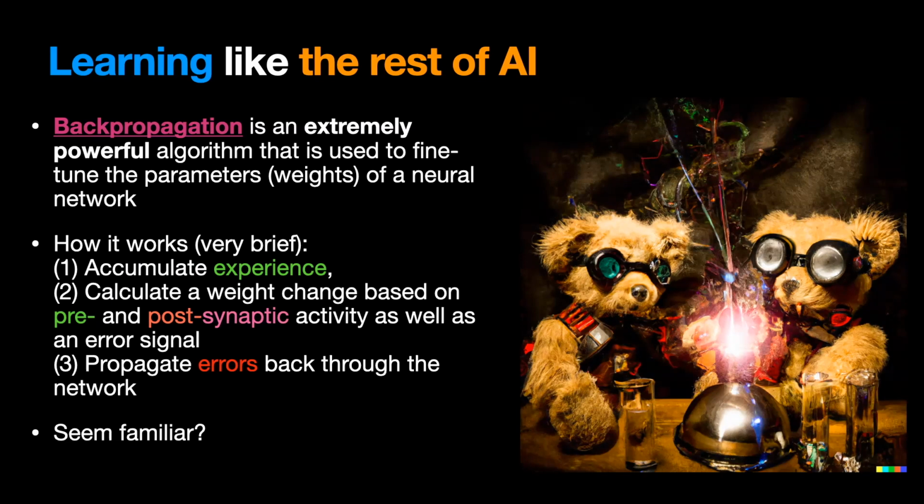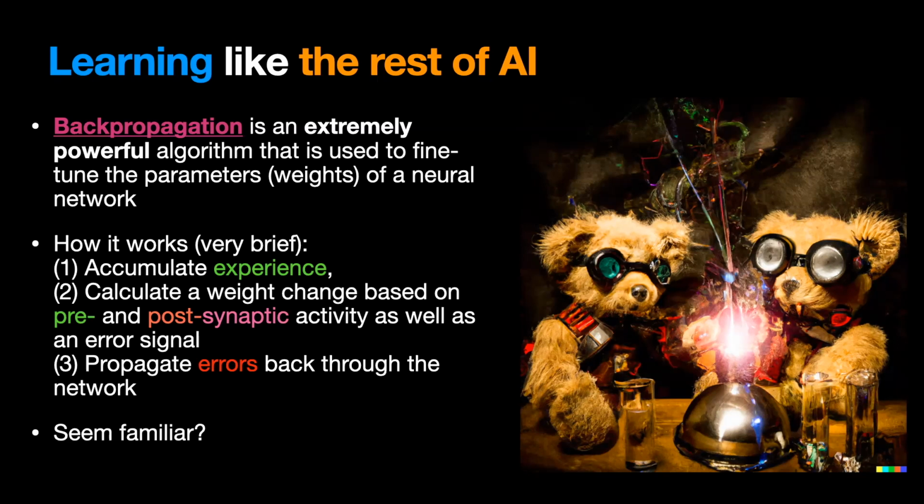So I don't know, this one's probably two mad scientist bears doing an experiment, and it actually generates this image from scratch, which is pretty impressive in my opinion. I wanted to show how training neural networks with backpropagation is extremely powerful. You can do a lot with it today that we didn't even think was possible just 2 years ago.